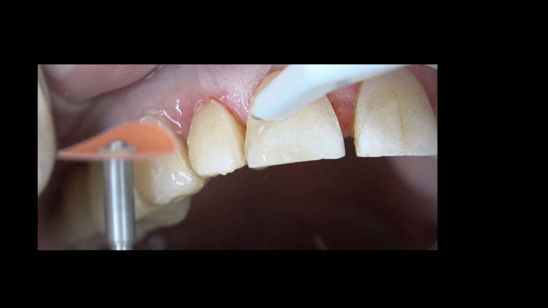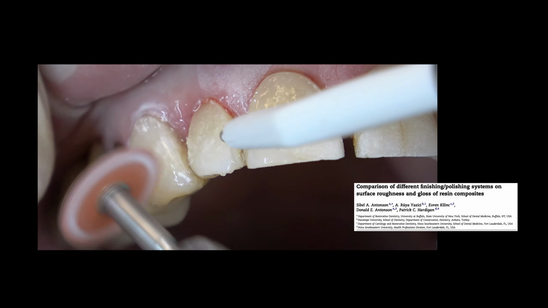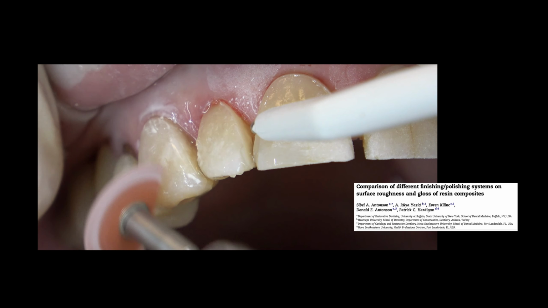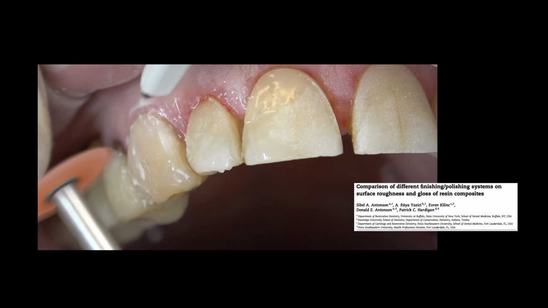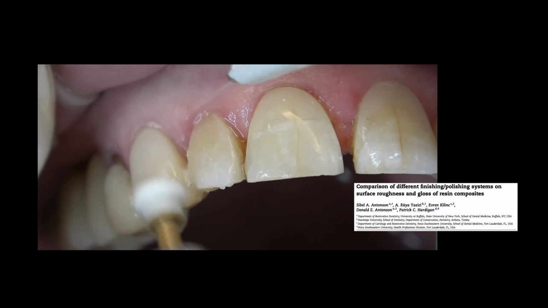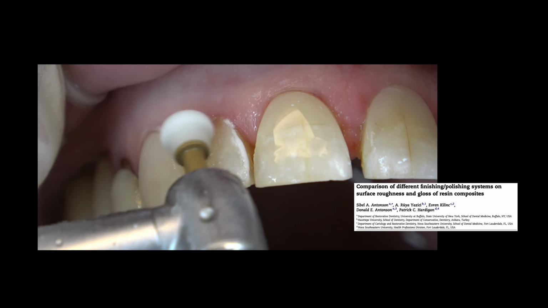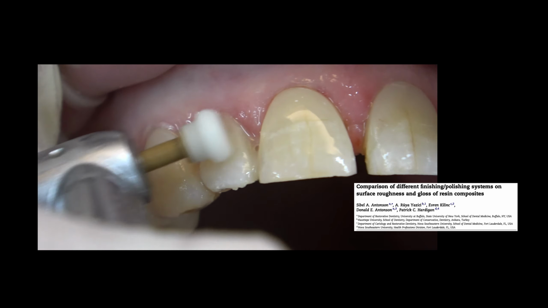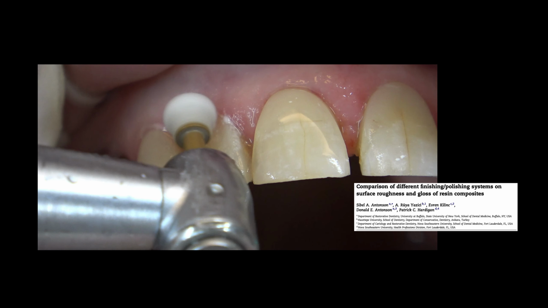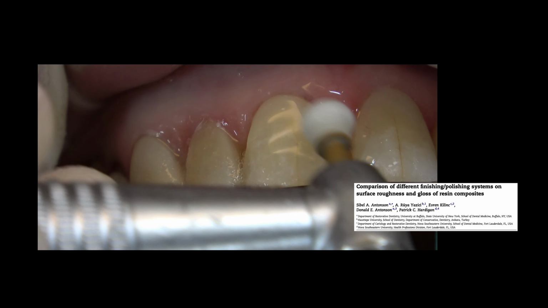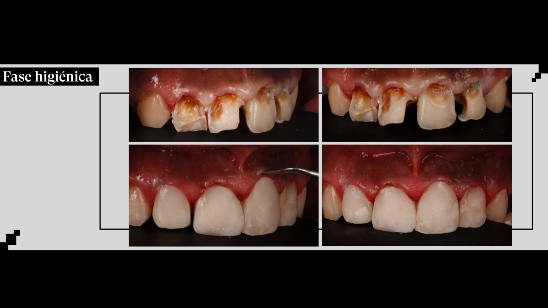We have to polish again, to polish everything a lot, with soft discs, and then with this smoothing composite bur, and we end up like this. Okay, this is the situation, just finished right after the decay removal and reconstruction.